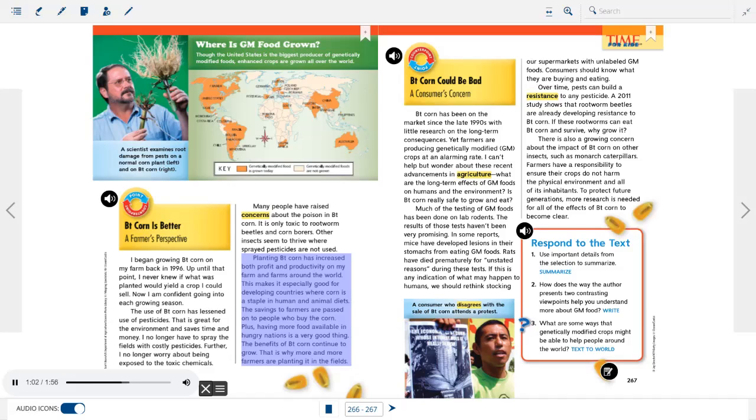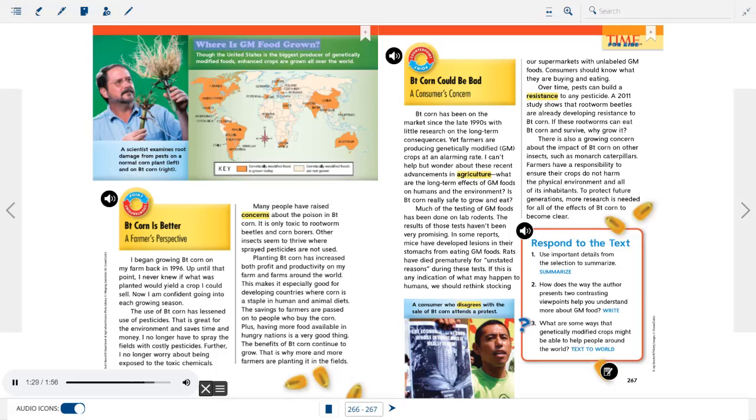This makes it especially good for developing countries where corn is a staple in human and animal diets. The savings to farmers are passed on to people who buy the corn. Plus, having more food available in hungry nations is a very good thing. The benefits of Bt corn continue to grow. That is why more and more farmers are planting it in the fields.